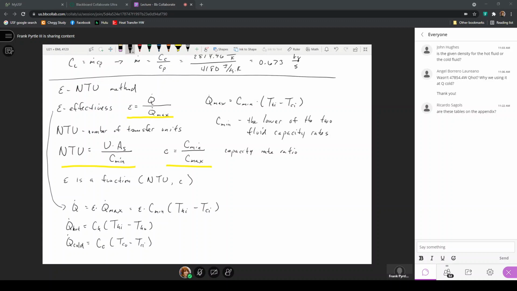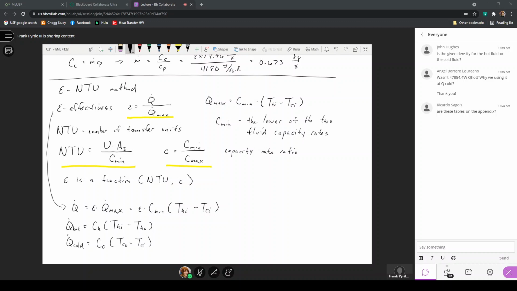This is where the number of transfer units lets us include the geometry or the configuration of the heat exchanger in our calculations, in that we have this overall heat transfer coefficient and the surface area for heat exchange between the two fluids inside that particular heat exchanger.